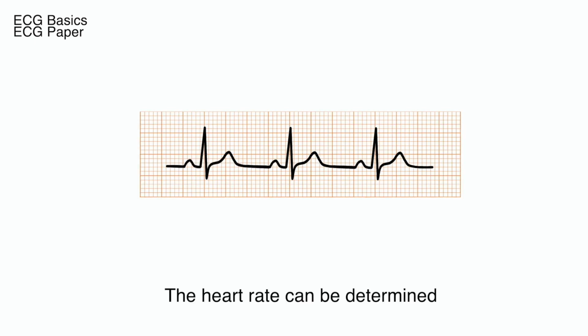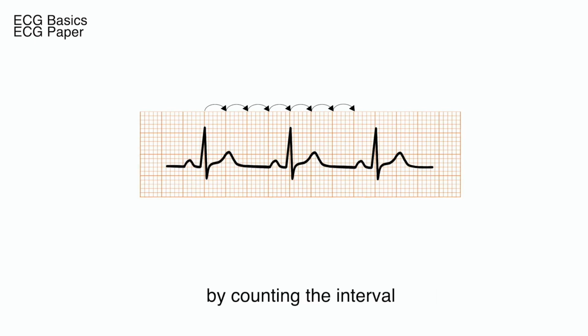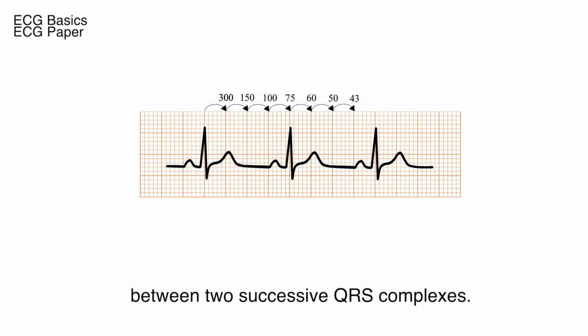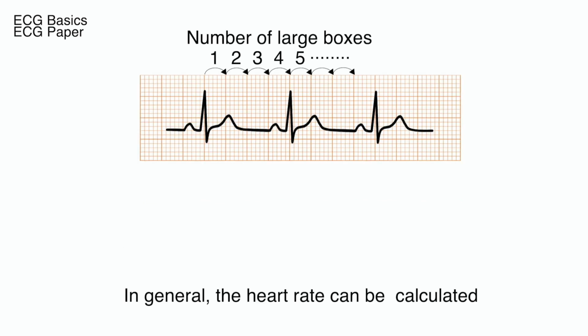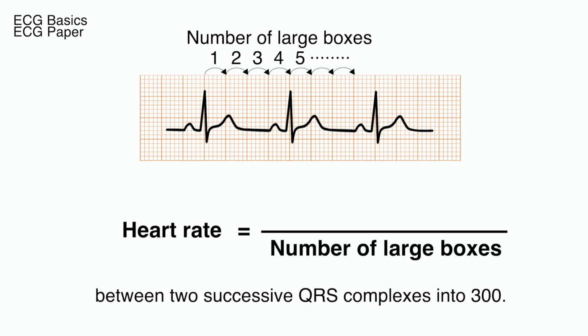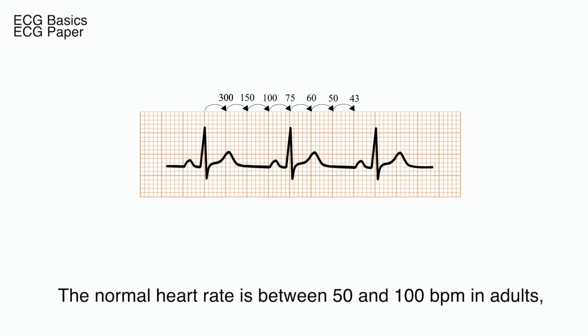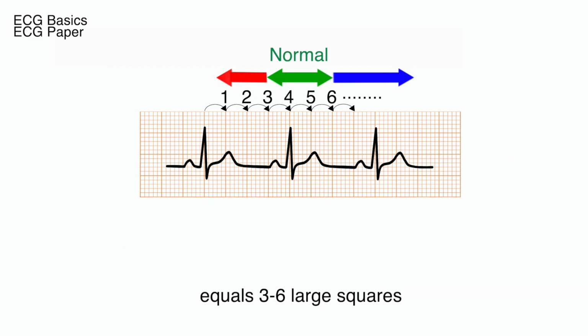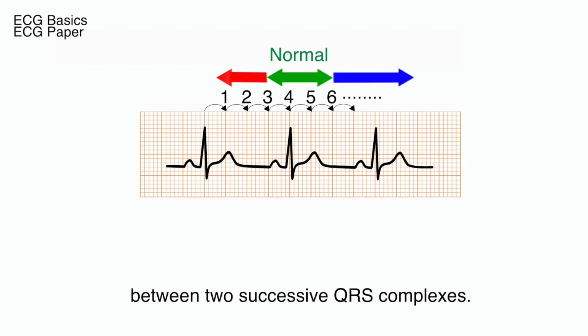The heart rate can be determined by counting the interval between 2 successive QRS complexes. In general, the heart rate can be calculated by dividing 300 by the number of large squares between 2 successive QRS complexes. The normal heart rate is between 50 and 100 beats per minute in adults, equal to 3 to 6 large squares between 2 successive QRS complexes.